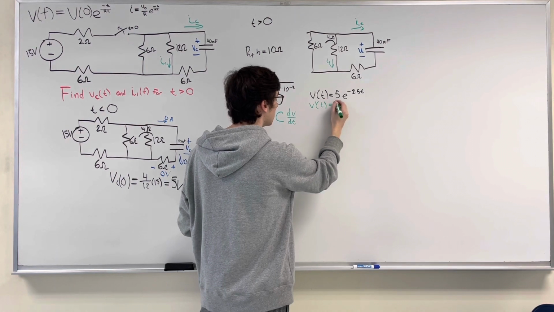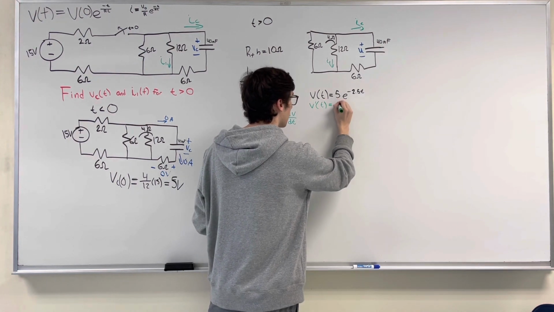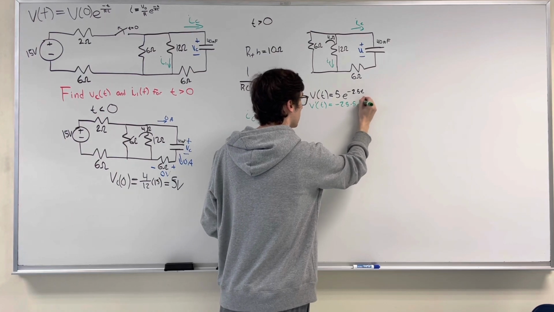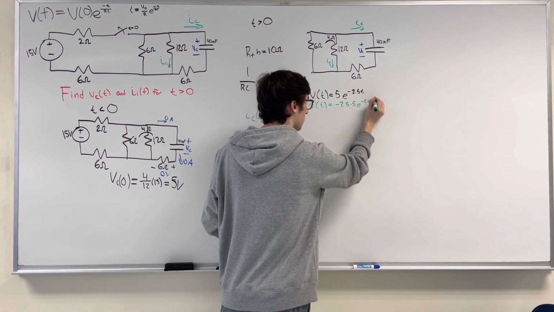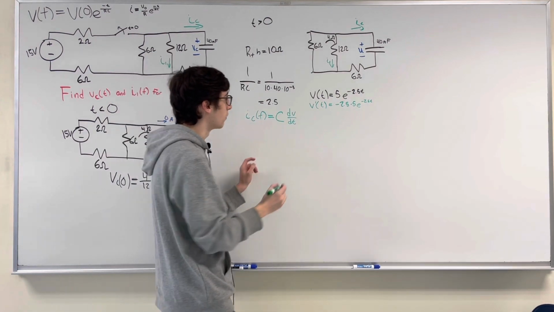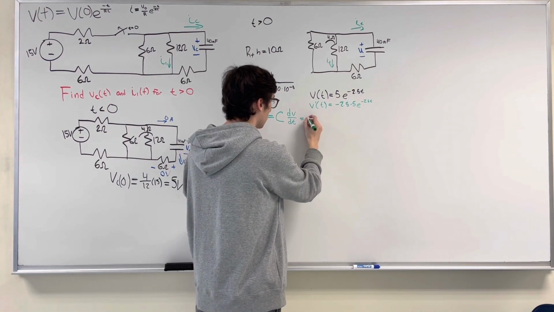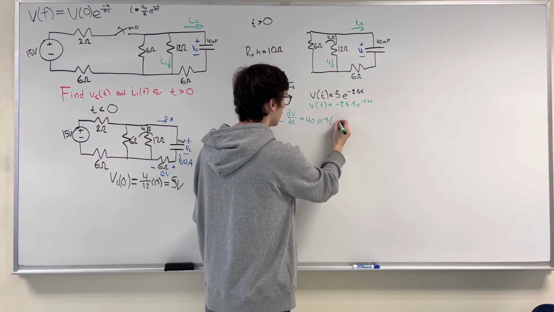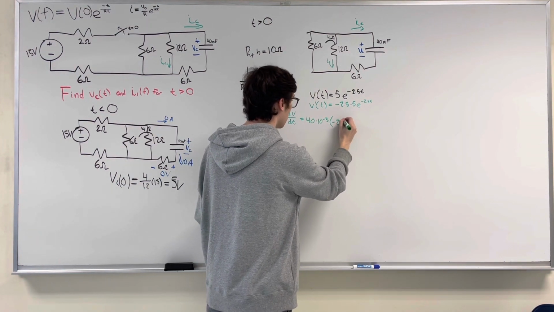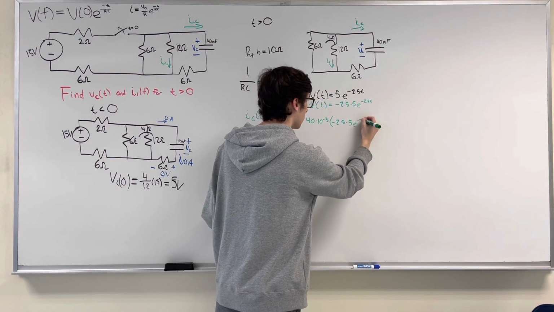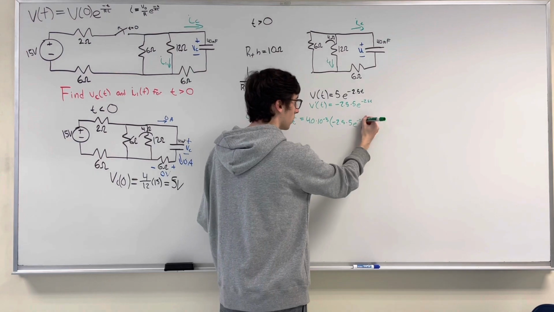V prime of t is equal to negative 2.5 times 5e to the negative 2.5 t. Now we just plug in our capacitance, which we already know is 40 times 10 to the negative third times negative 2.5 times 5 e to the negative 2.5 t.